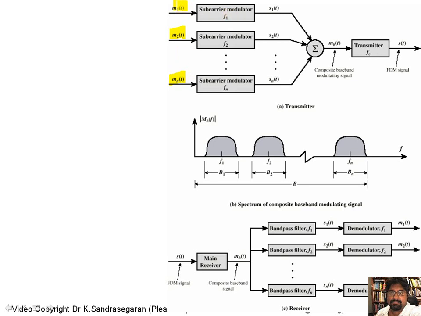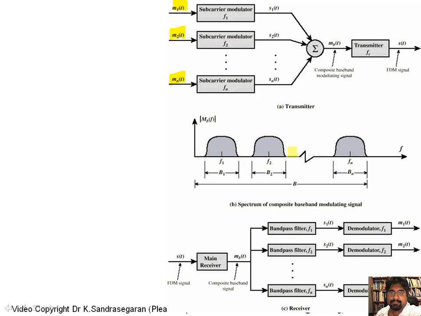When M1's spectrum is modulated by frequency F1, the spectrum of M1 gets shifted to that portion of the frequency band which is centered around the subcarrier frequency F1, and the second signal's spectrum gets shifted to subcarrier F2, which is a modulating frequency, and so forth.